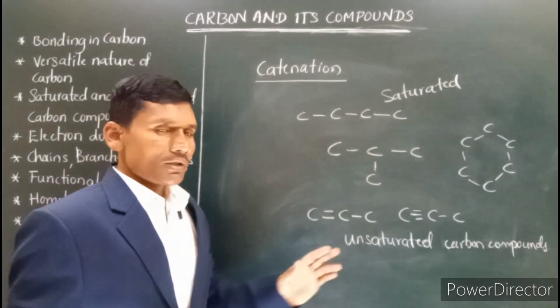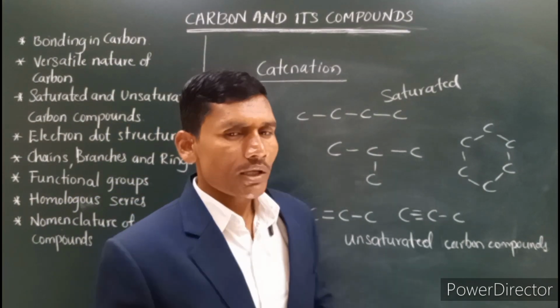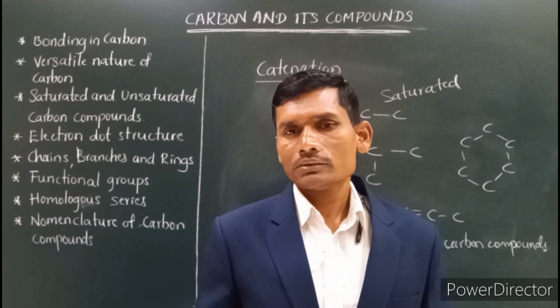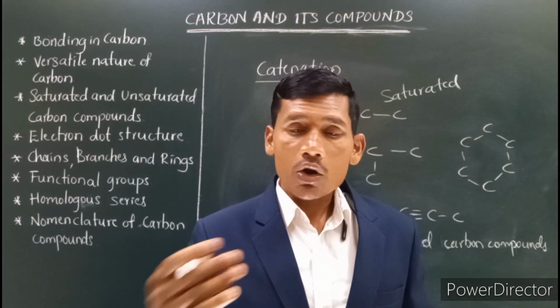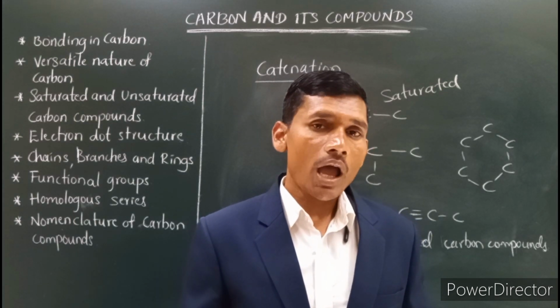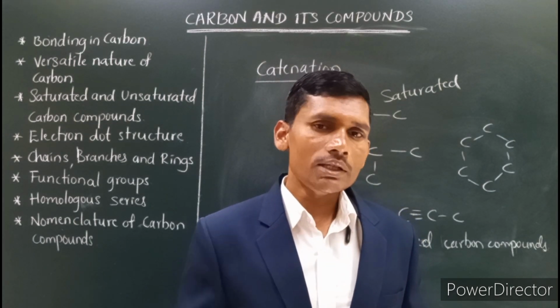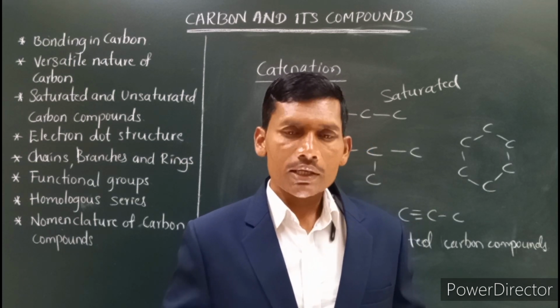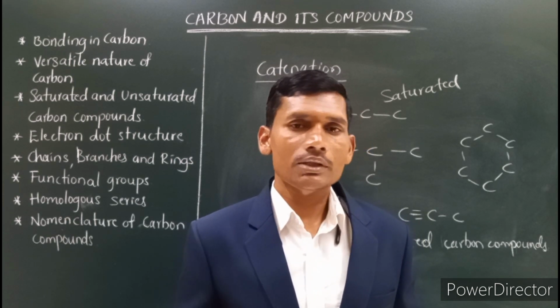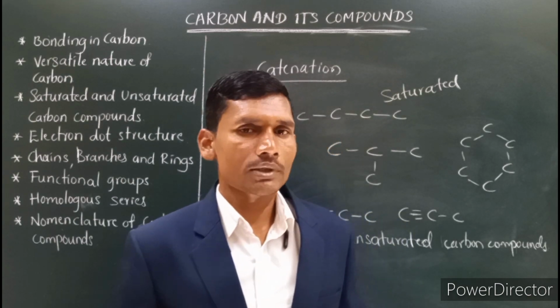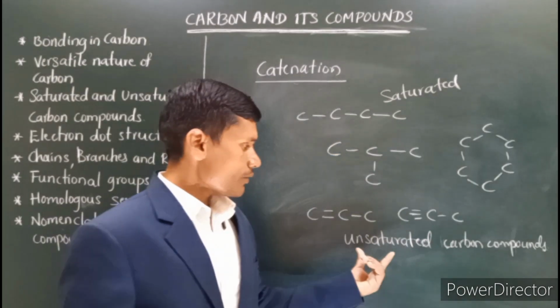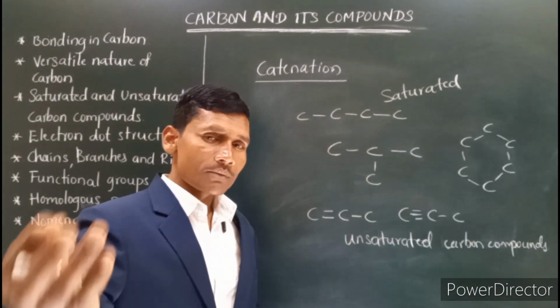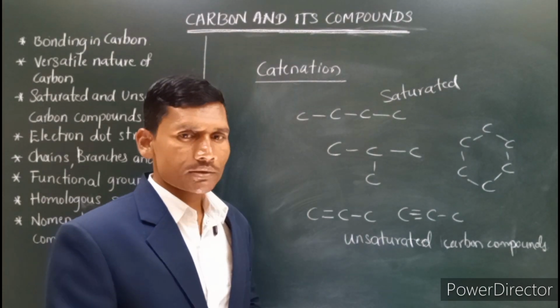Now, next comes the property of catenation, which cannot be exhibited by any other element to the extent seen in carbon. It can be seen to a large extent only in carbon, for making bonds with other carbon atoms.